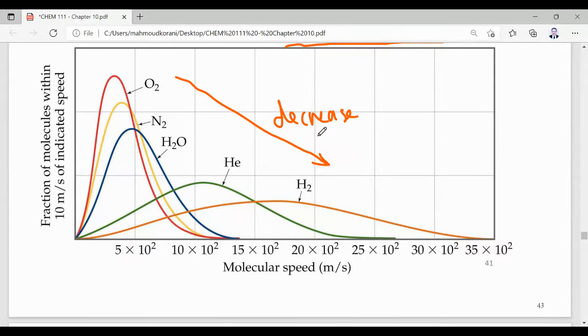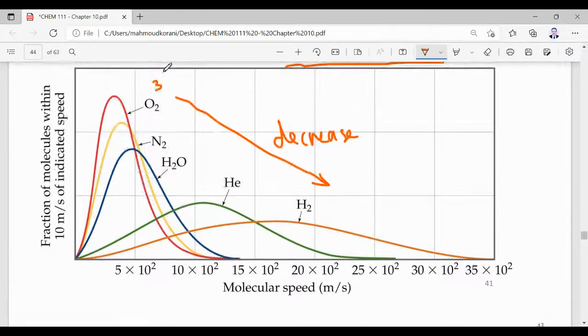This is oxygen, it's 32, nitrogen N2 it's 28, water it's 18, helium 4, hydrogen molecule 2. So the molar mass decreases.